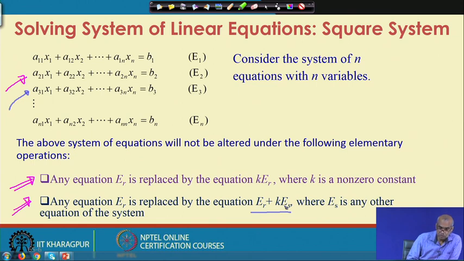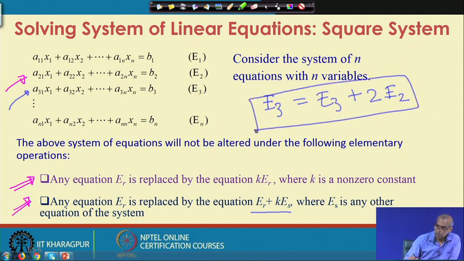So, the third equation or the third row can be replaced by the third row plus, let us say, 2 into the second row. If I do this, the transformed set of equations and the original set of equations will have the same solutions, and that is what we mean when I say the system of equations will not be altered.